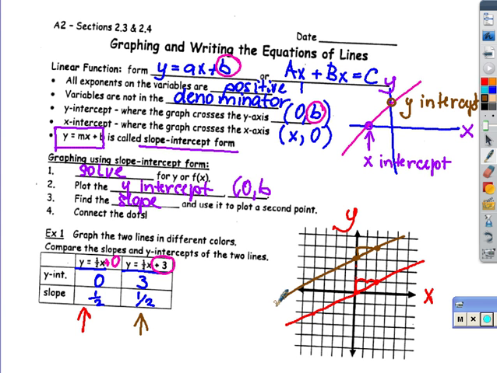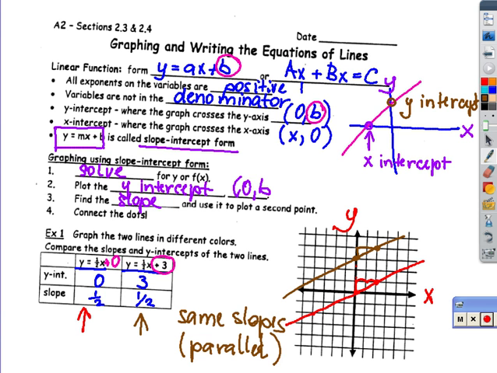Okay, all done. Line 1, line 2. And you will see that they are parallel. That's to be expected because they have the same slope. Parallel. Okay, beautiful. We have done the first example.